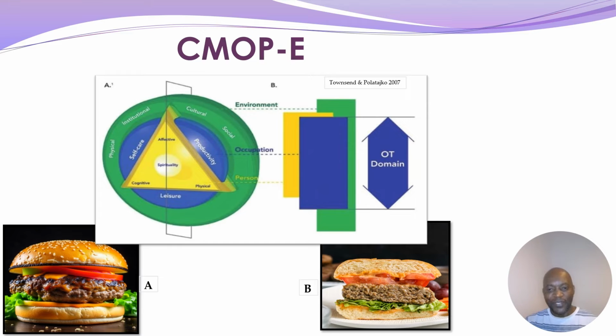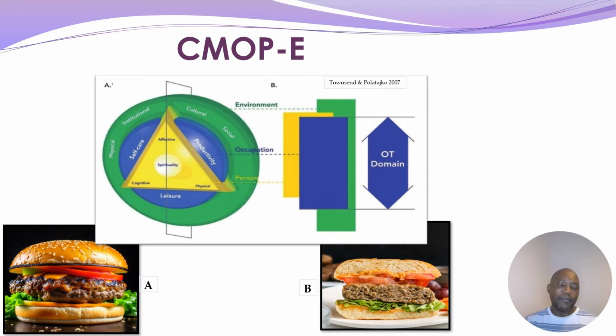It represents the occupation. The top part represents the person, and then the bottom part of the burger represents the environment.